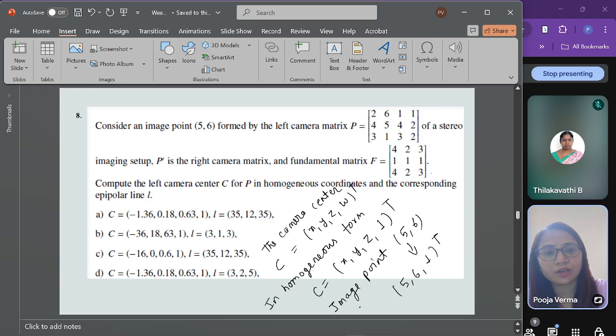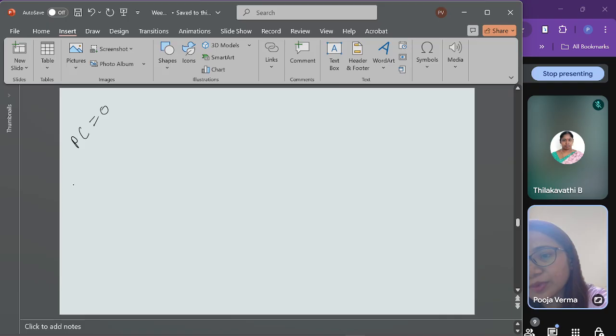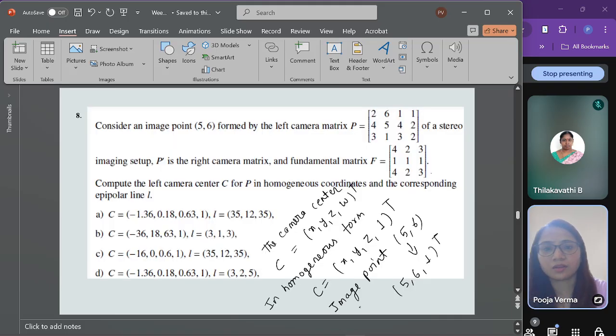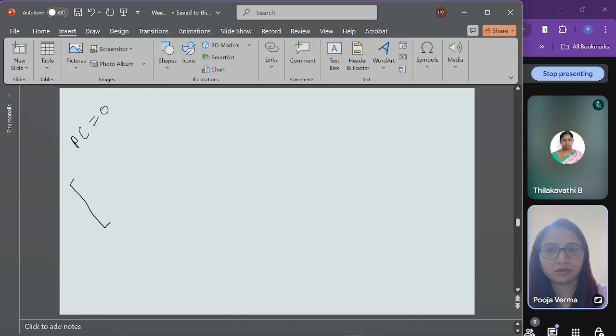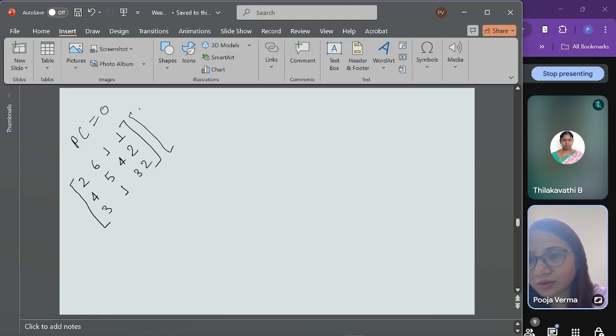Now we have to calculate the center. So P is given as 2, 6, 1, 1, then 4, 5, 4, 2, then 3, 1, 3, 2. Already we know that P times X, Y, Z, 1 is equal to 0.